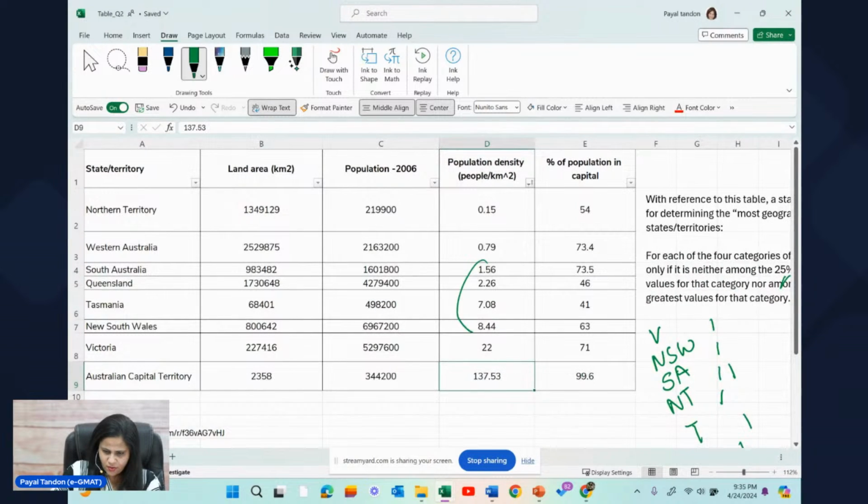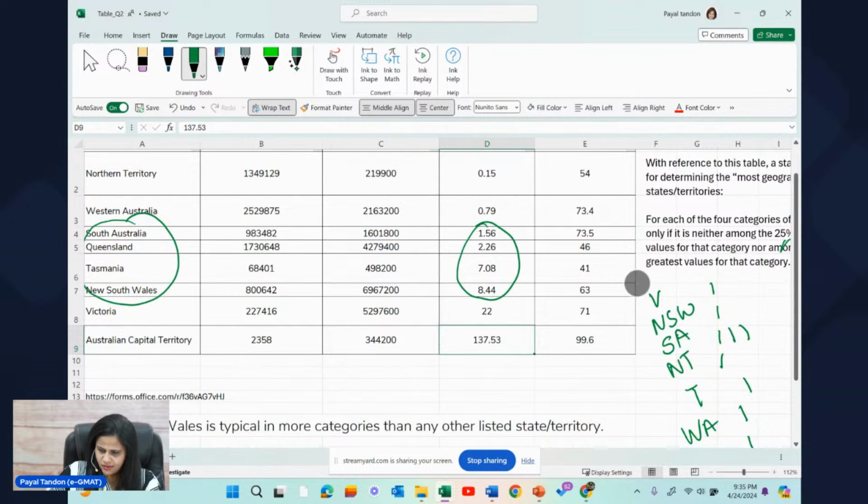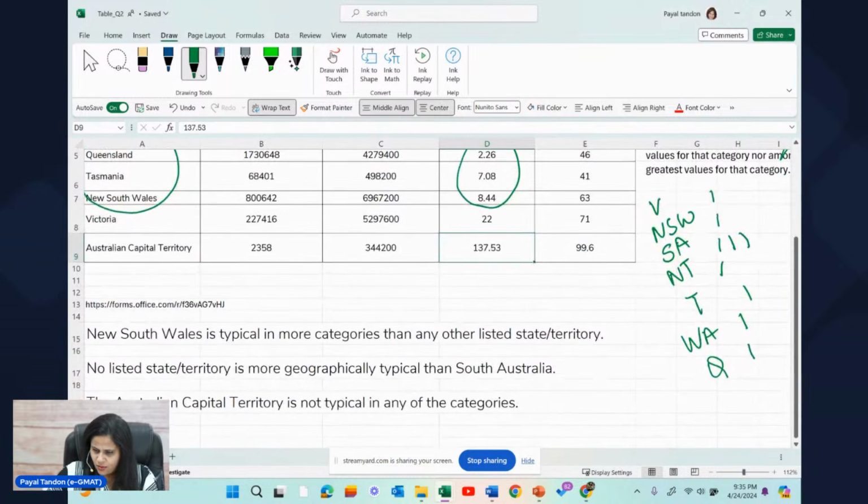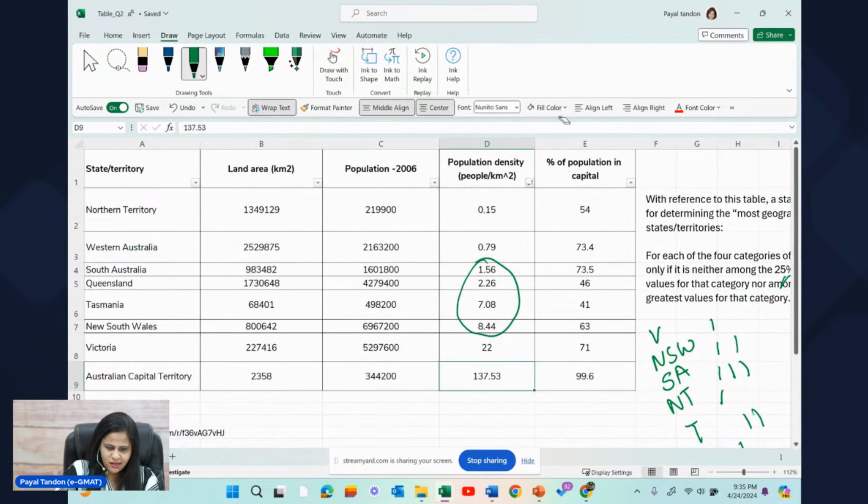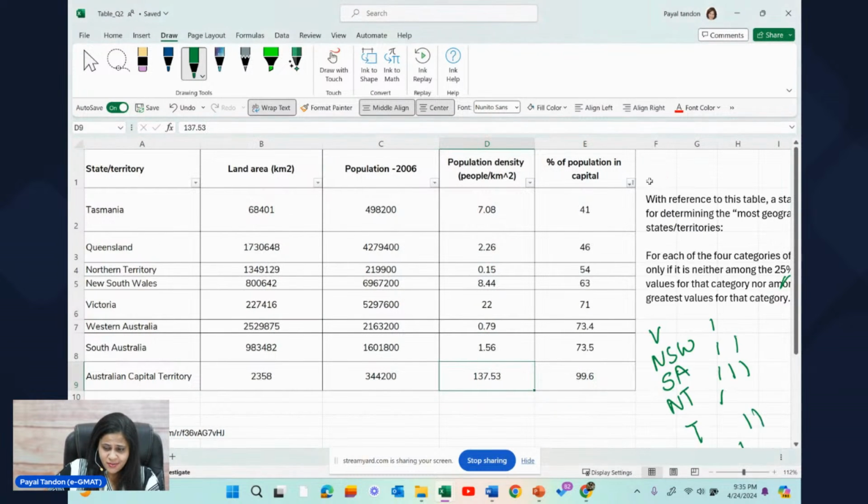So these four over here, middle four: South Australia, Queensland, Tasmania. South Australia 4, Queensland, we added that earlier. Okay, so Queensland, another one, Tasmania, another one, New South Wales. Now the last one here. Let's do that. And again, I'm taking my notes in a certain organized manner, right?